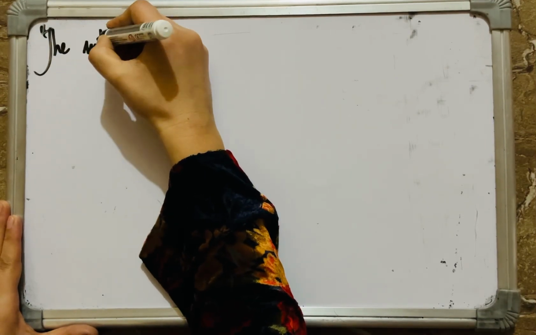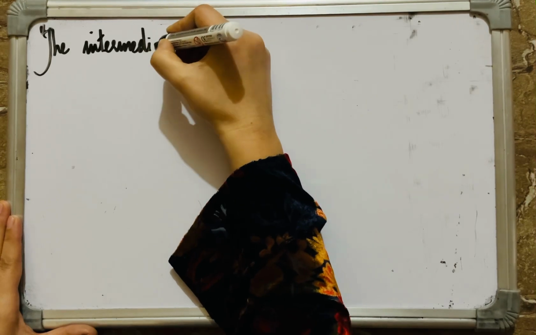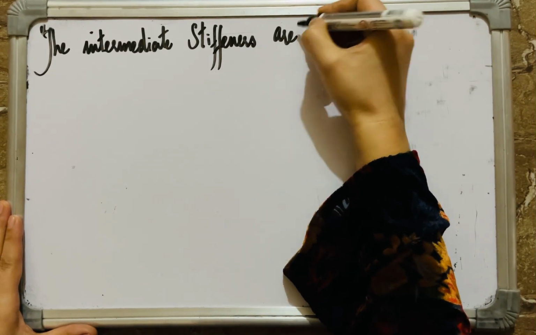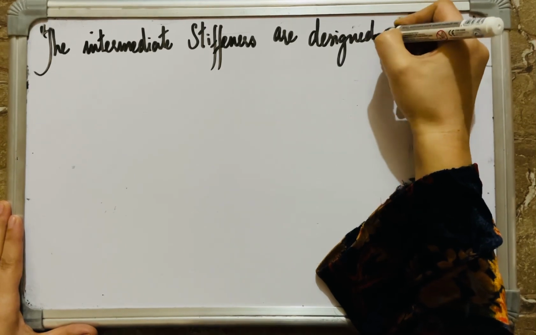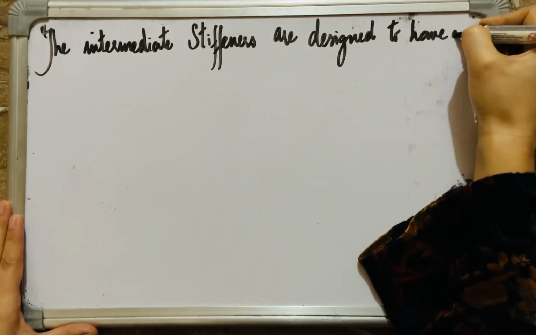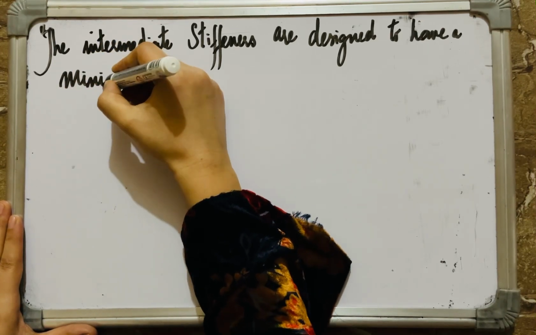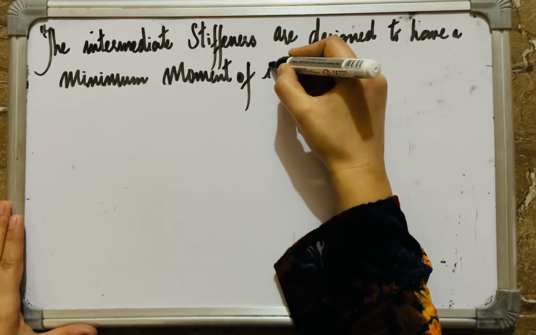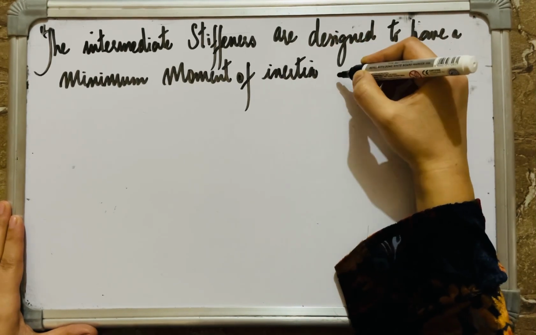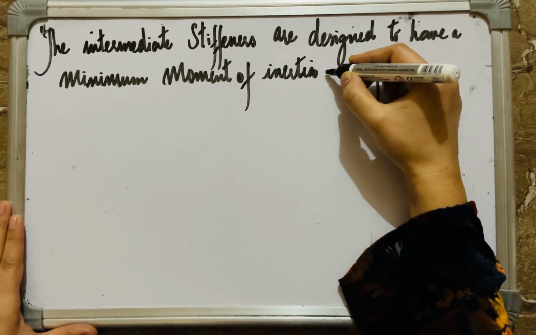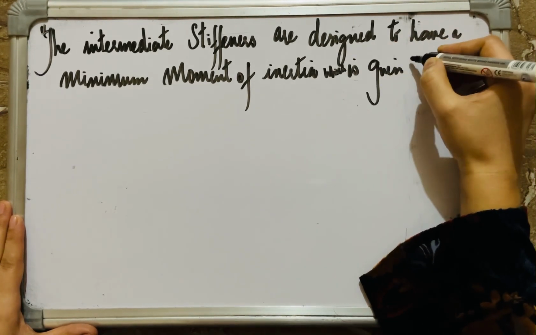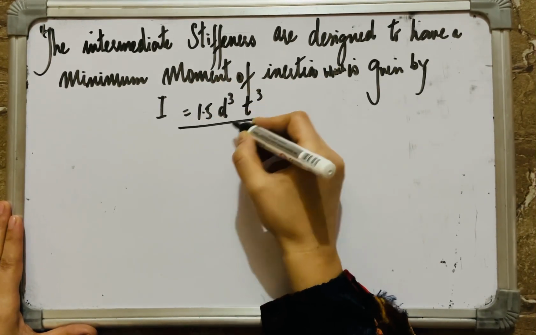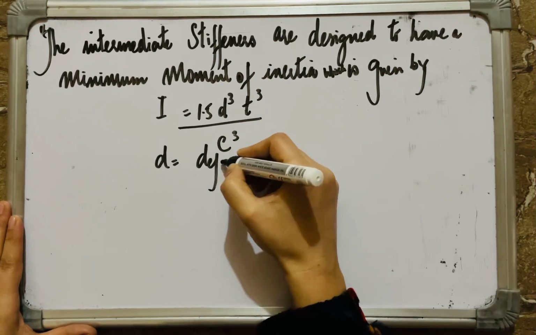The intermediate stiffeners are designed to have a minimum moment of inertia, which is given by a formula, that is 1.5 d cube divided by c cube, where d is the depth of web.